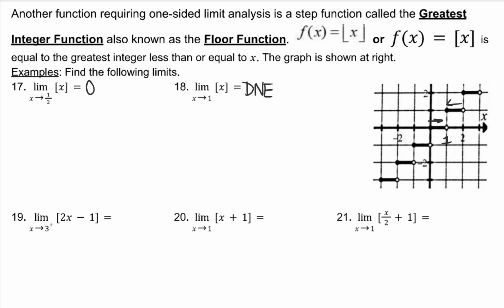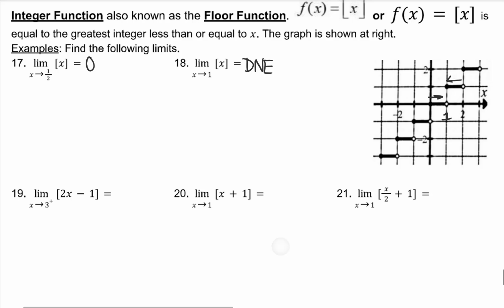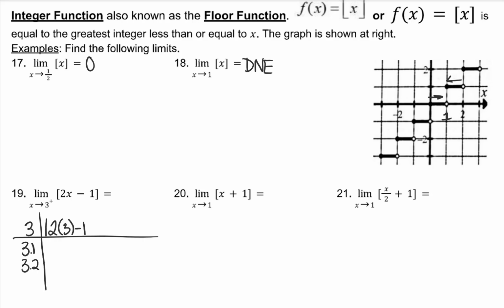For 19 through 21, we have variations or transformations of the greatest integer function. So we're going to plug in numbers and evaluate what it's approaching. To find the limit as x approaches 3 from the right of this floor function, I'm going to plug in numbers that are to the right of 3, like 3, 3.1, and 3.2. 2 times 3 minus 1.